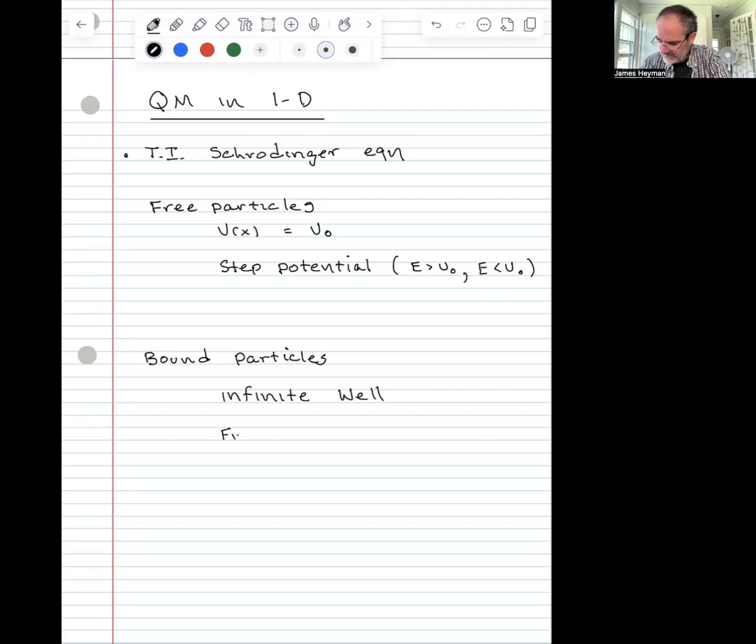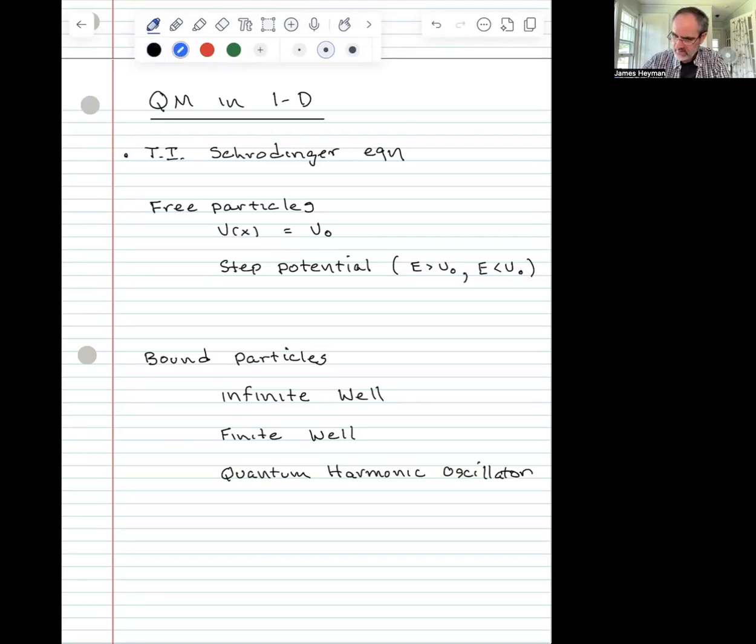We also looked at the finite well, which was a more complicated problem, that's still very interesting. It had some resemblance even to the step potential problem. And finally, most recently, we talked about the quantum harmonic oscillator, which, along with the hydrogen atom, are the most important systems that we'll talk about in this course.